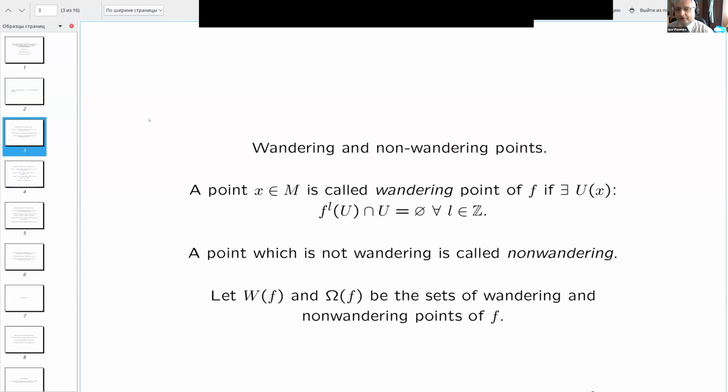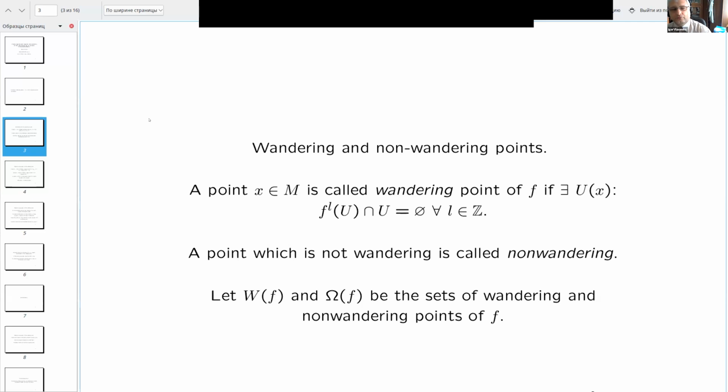A wandering point is a point such that it has a neighborhood such that the iterations of this neighborhood forward and backward do not intersect the original neighborhood. And in case we don't have such a neighborhood, our point is called non-wandering.